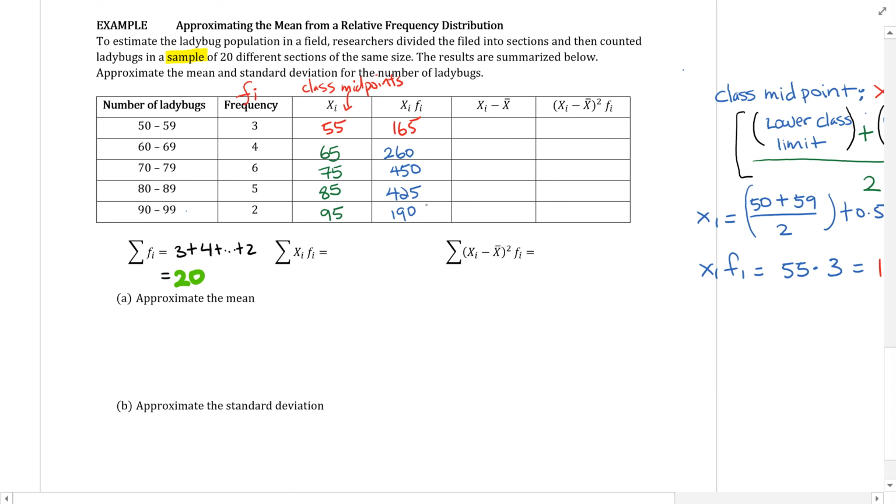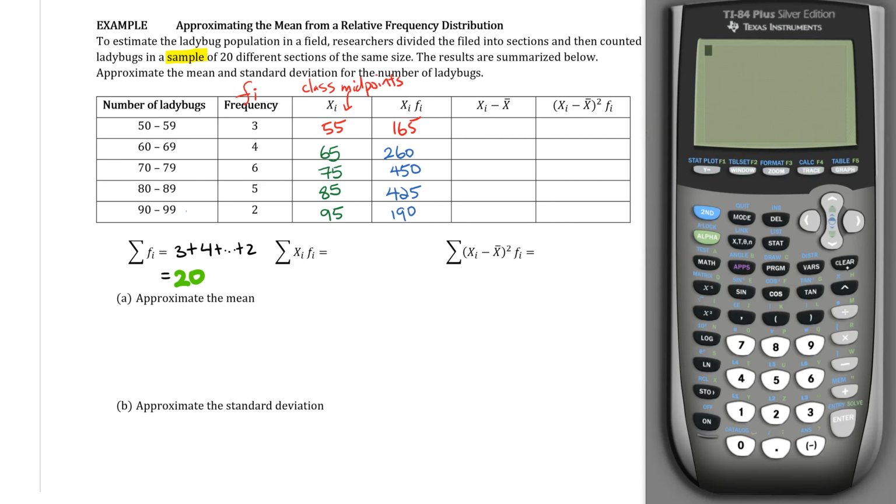So I have 165 plus 260 plus 450 plus 425 plus 190, and I get 1490.